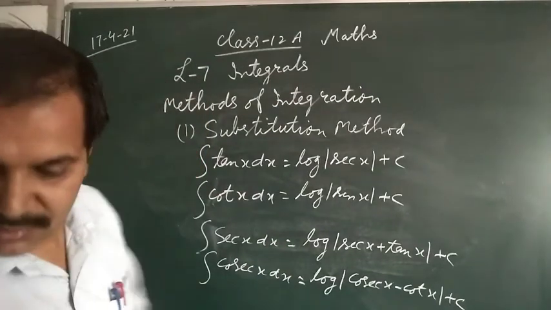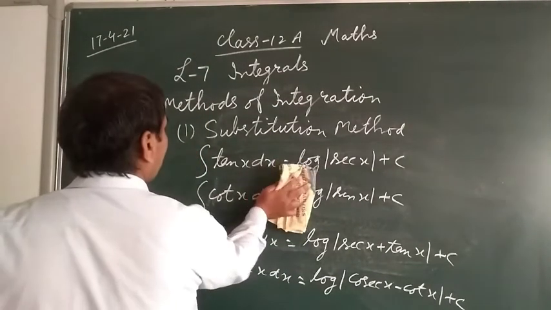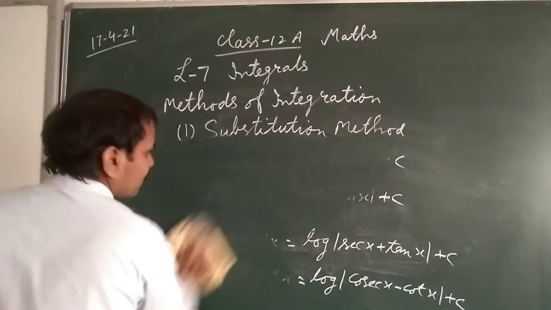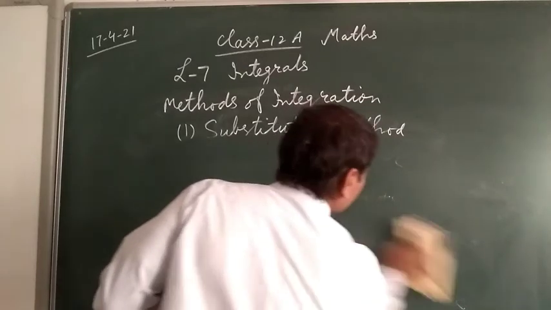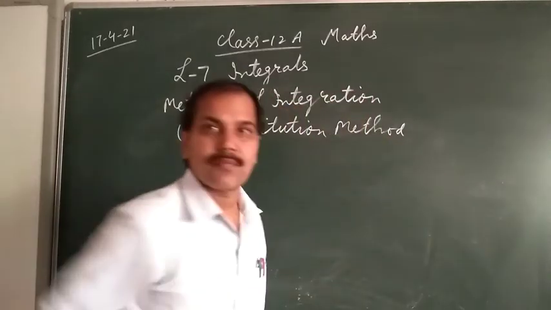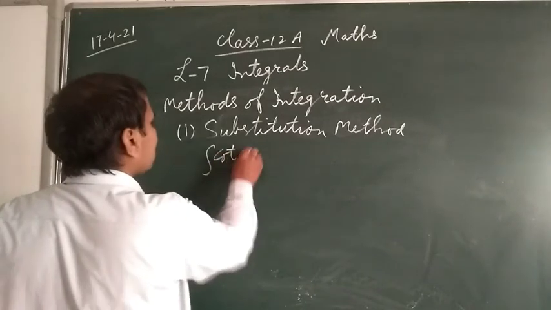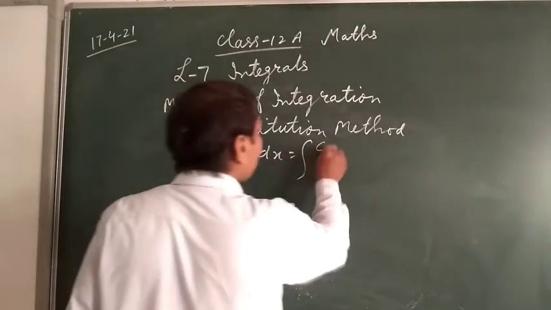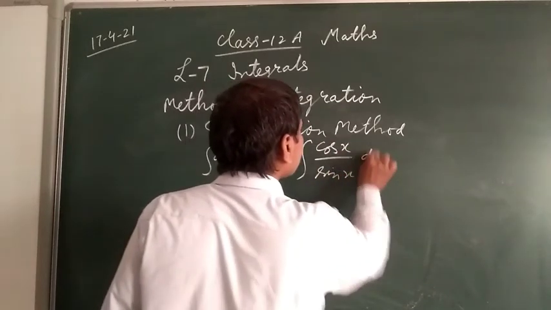See one simple proof, like cot x. So cot x dx. We can write cot x as cos x upon sin x dx.